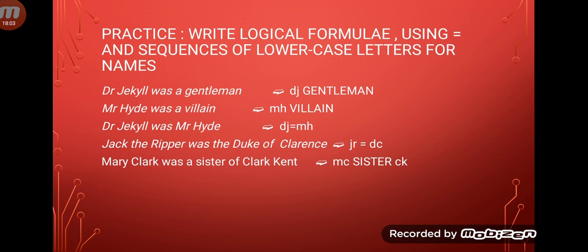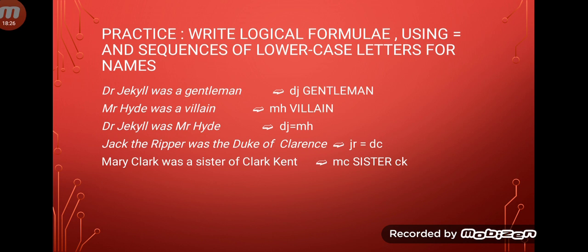I have also this, an equative sentence. Dr. Jekyll was Mr. Hyde. So we will write d j equals m h. And Jack the Ripper was the Duke of Clarence.